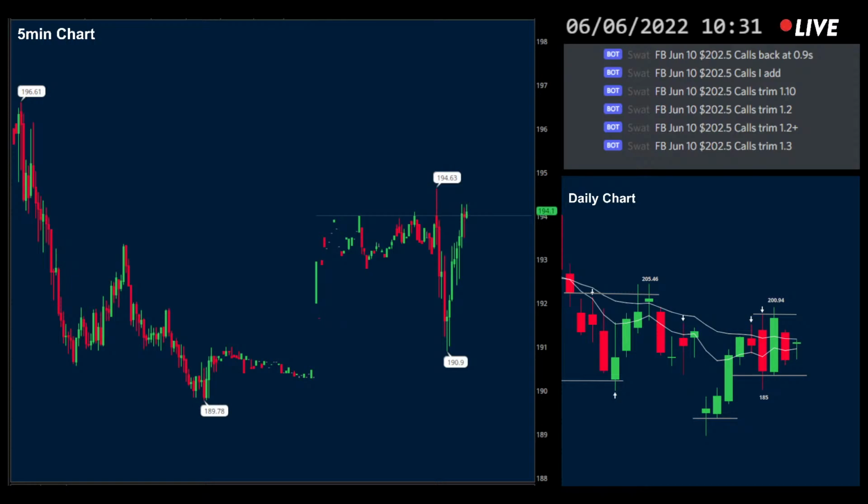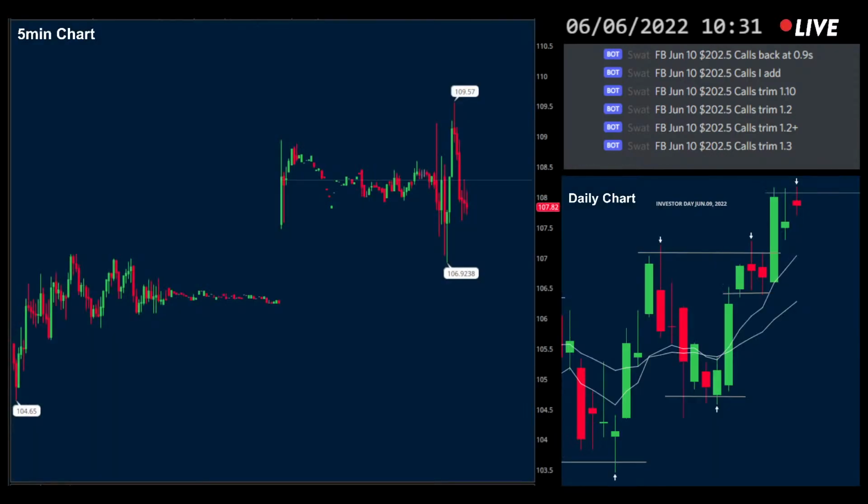AMD is showing some relative weakness, but it's normal after a big move.